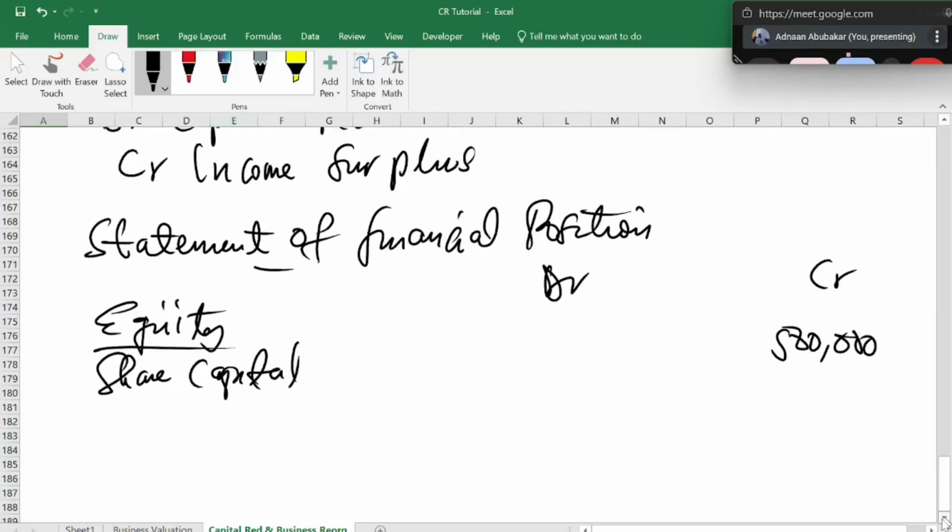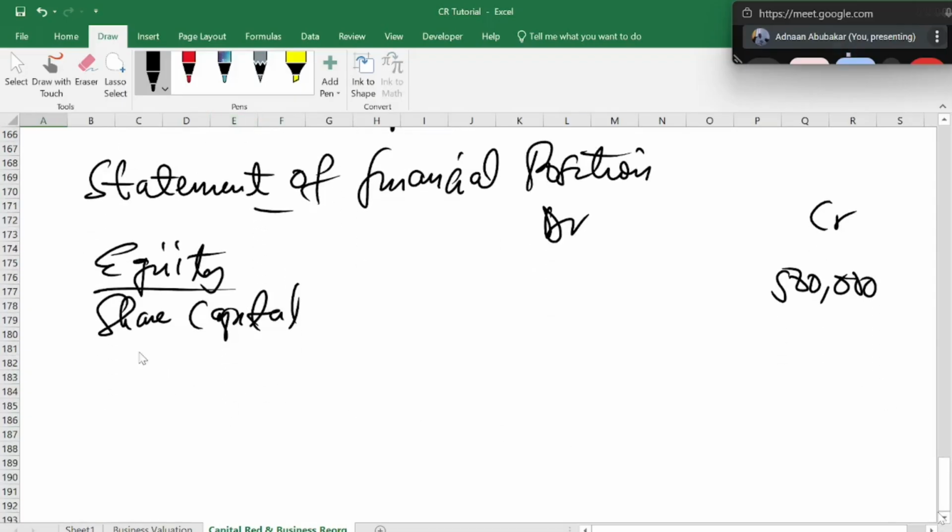Yes, sir. Good. Now, example, if you have income surplus. Remember, I said that if you don't see income surplus, you see retained earnings. Good. Now watch me here. You are doing capital reduction. Surely they will bring you income surplus or retained earnings.